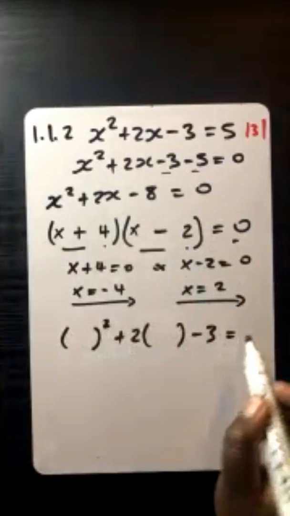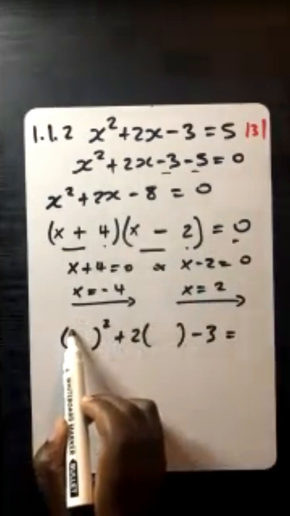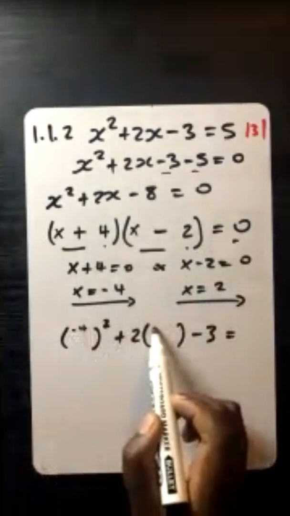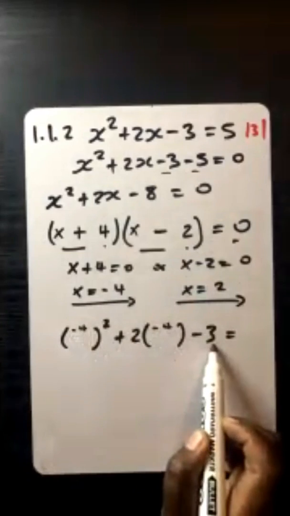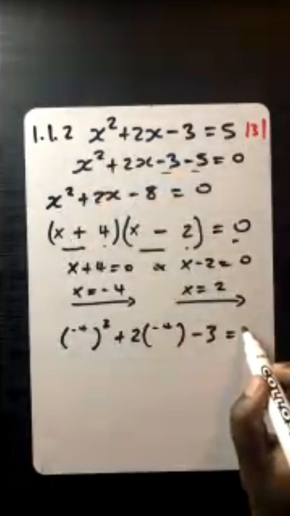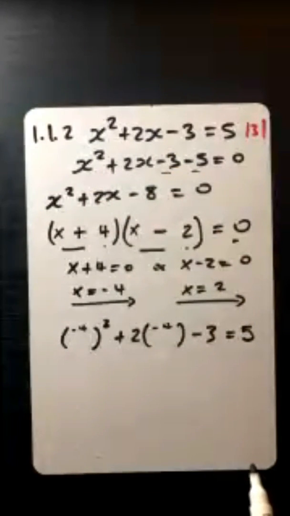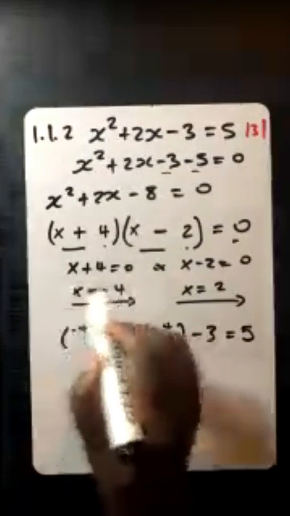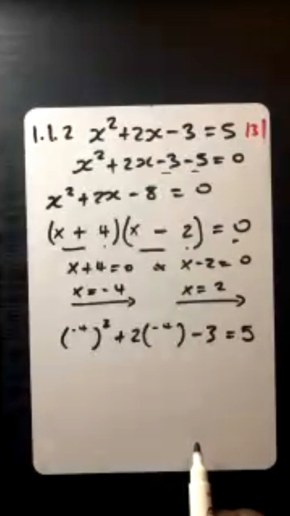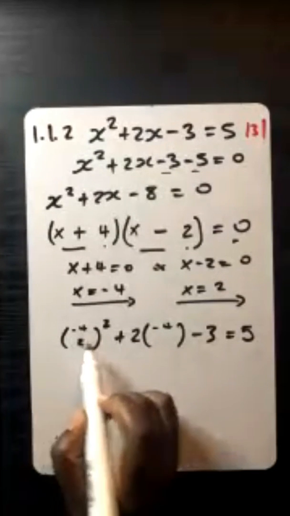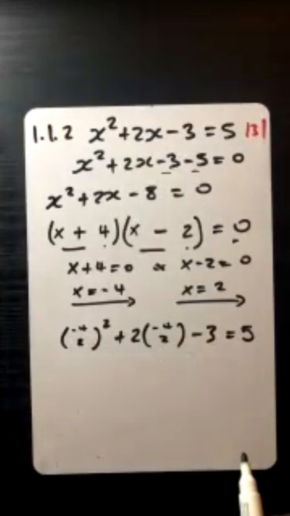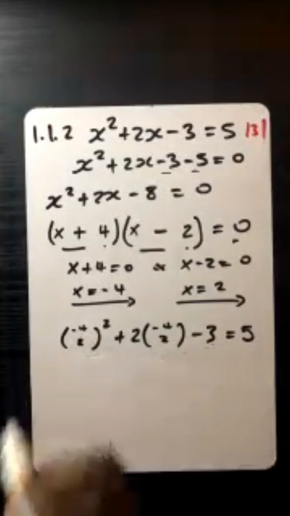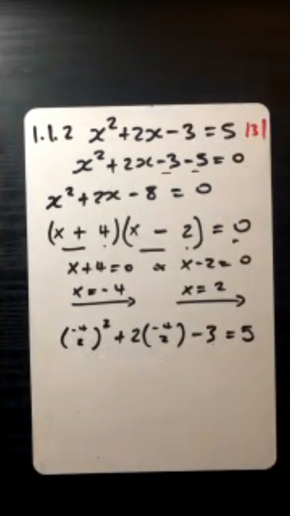When I substitute my first x value, being -4, and punch the whole of this into that original equation, I must get 5. If I don't get 5, then it means that answer is wrong. I'm going to edit and punch 2 there. When I punch the whole of this, I must get 5. If I don't get 5, then it means it's wrong.